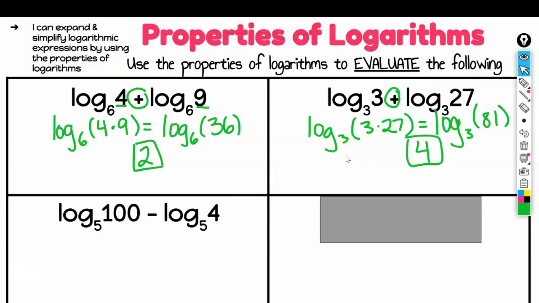My next one, I see that it looks a little different because there is a minus. So it is going to be the quotient property. I'm going to divide the arguments instead. Now, 100 divided by 4, again, you can use a calculator to check this out.